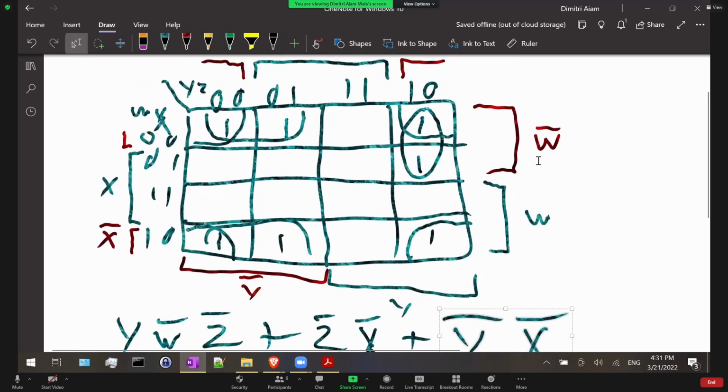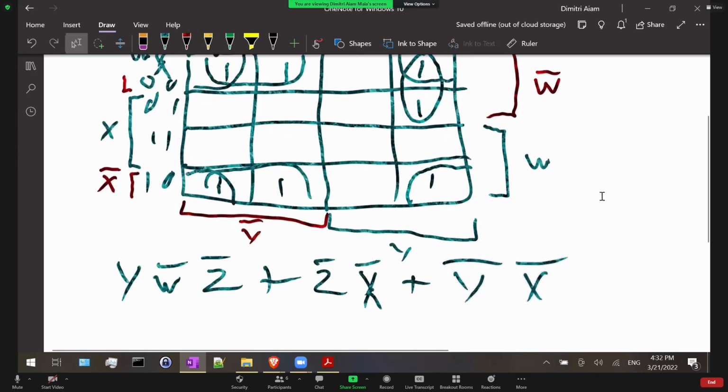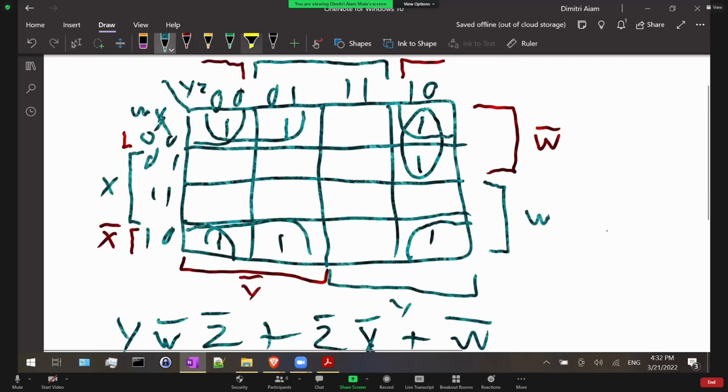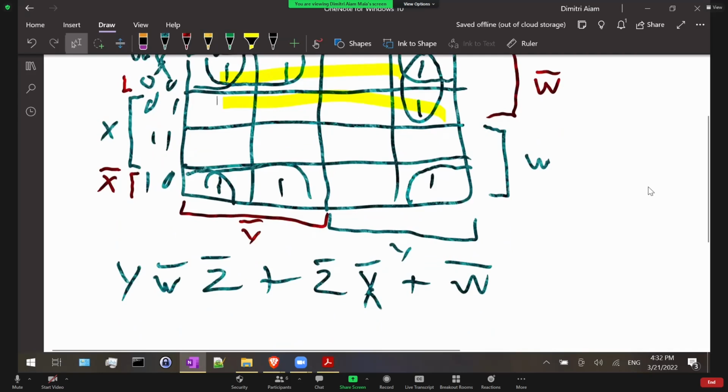So you have W naught right there, and then you have the Y naught. You notice how it's the ones at the edge, and how they're connected. Yeah, that's W naught Y naught. W naught, which is this over here, and then Y naught. Yep.